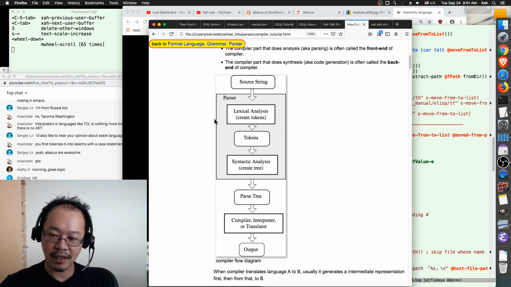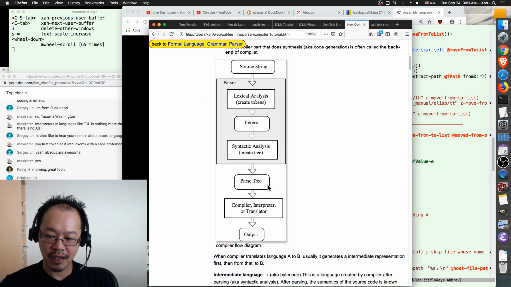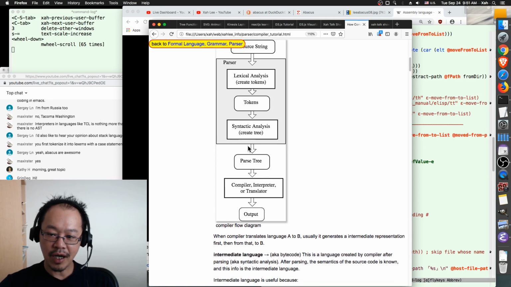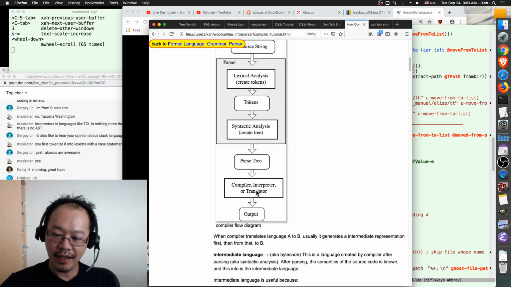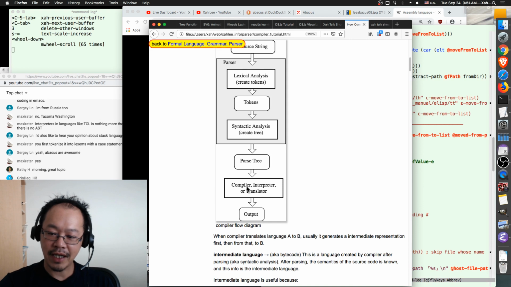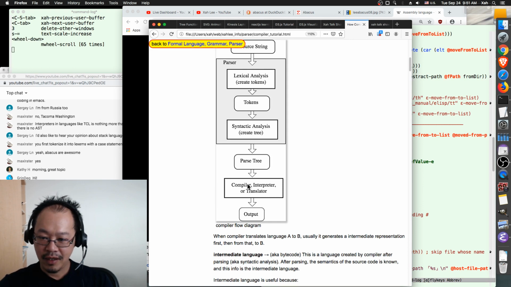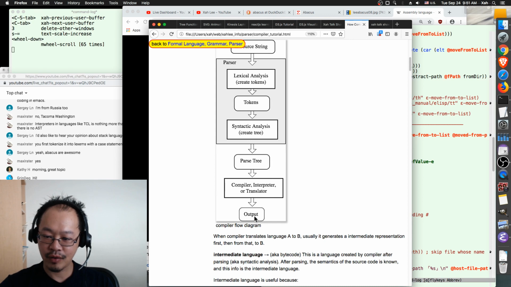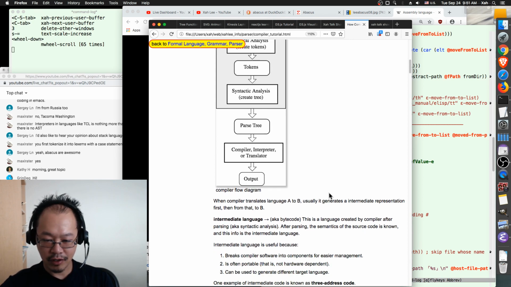Anyway, that's parsing. Then you output a parse tree. Then the second step, generating code, is typically called compiling. So you take the parse tree and you output to your target language.